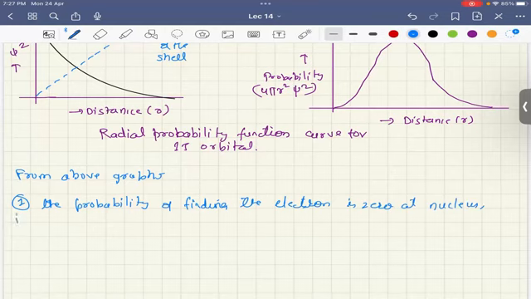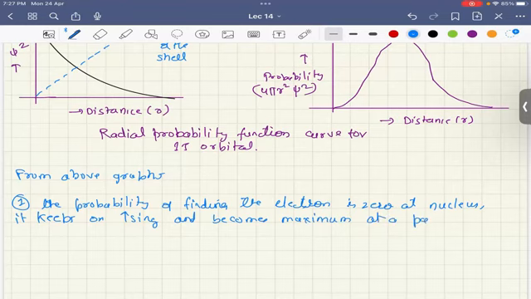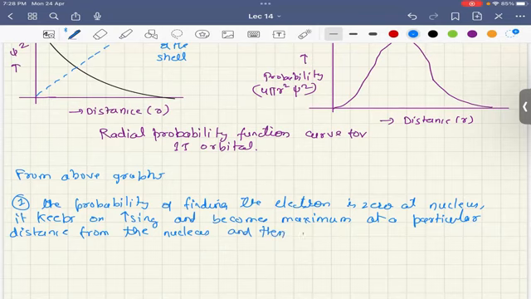It keeps on increasing and becomes maximum at a particular distance from the nucleus, and then gradually decreases, right?